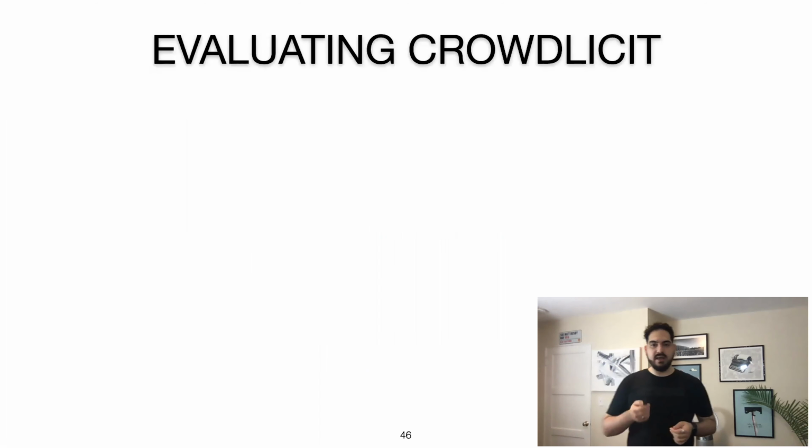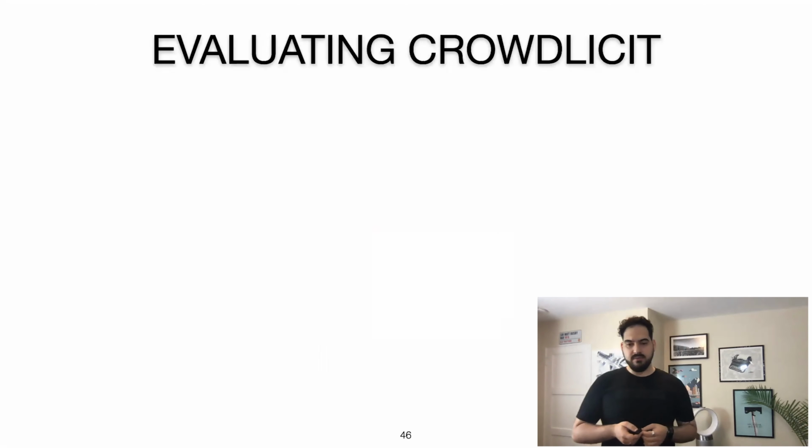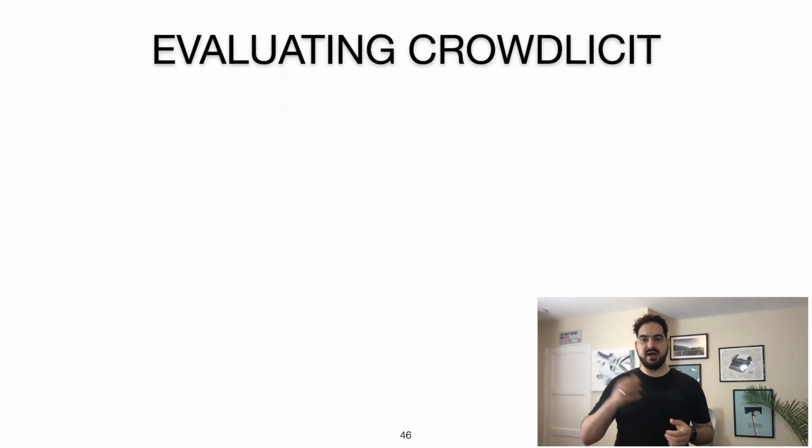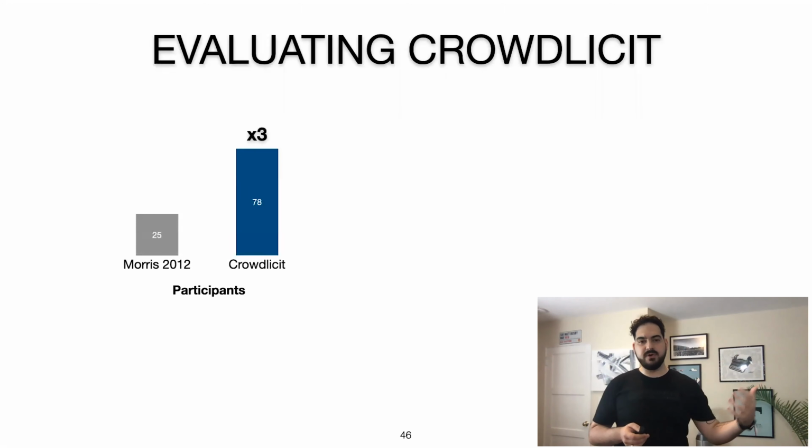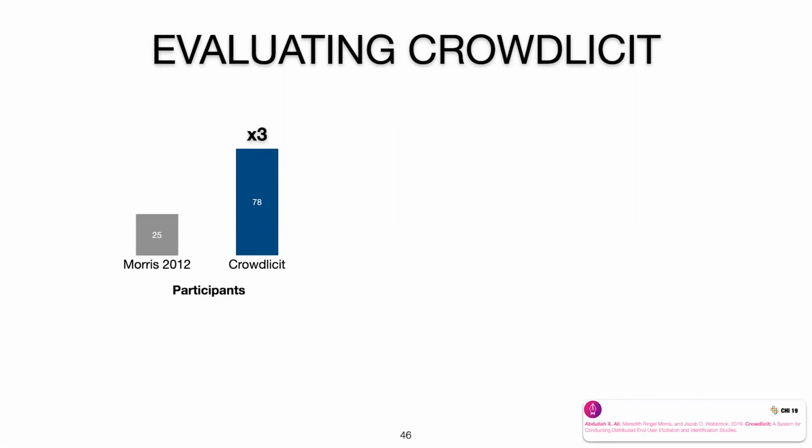I put both my set of interactions from CROWDLICIT and Morris's set of interactions that she recommended in her paper through an identification study. In the end, I was able to triple the number of participants in my elicitation study, and I did so in half the time.